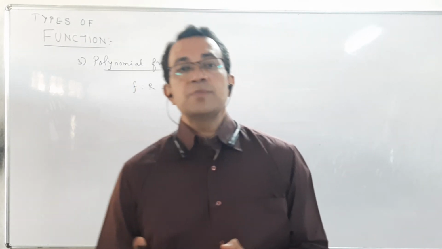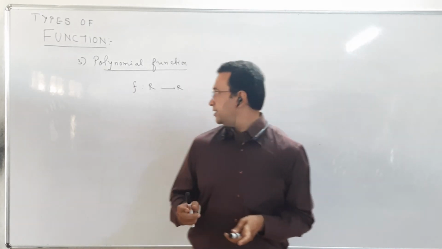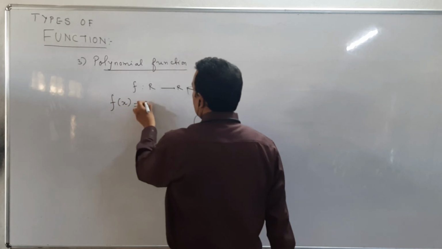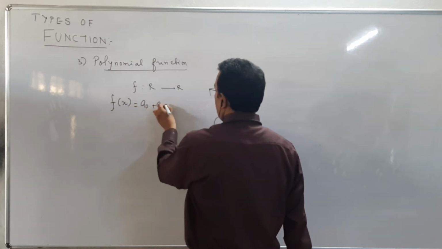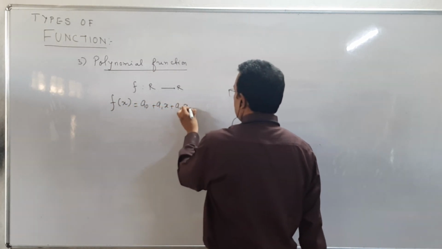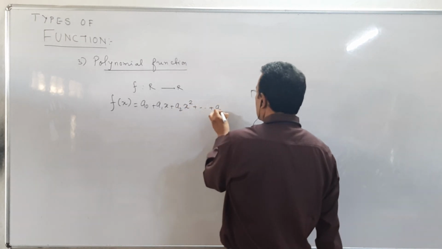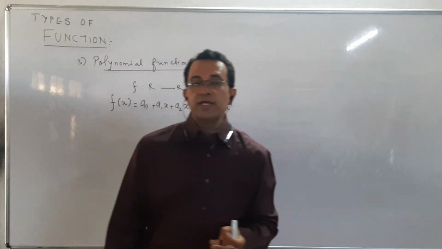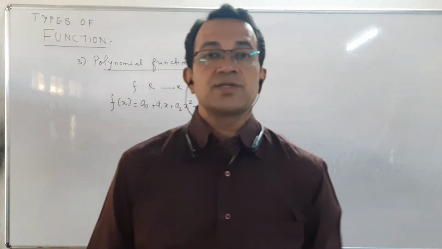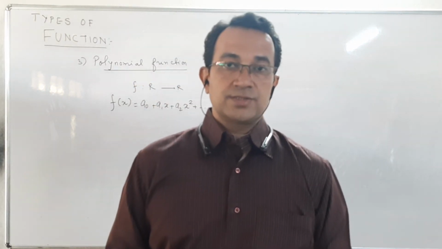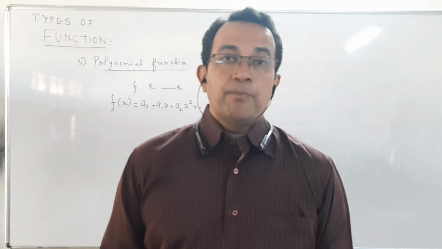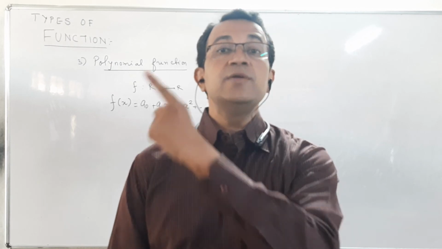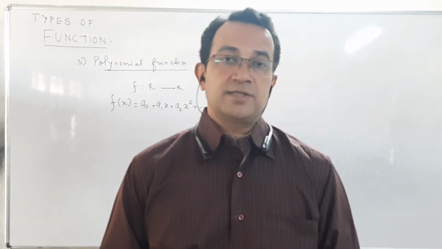Say the polynomial function f has domain R and codomain R, and the functional rule is like this: a0 constant plus a1x plus a2x square up to an x raised to n, where powers of variable x are always positive integers, to be very perfect.